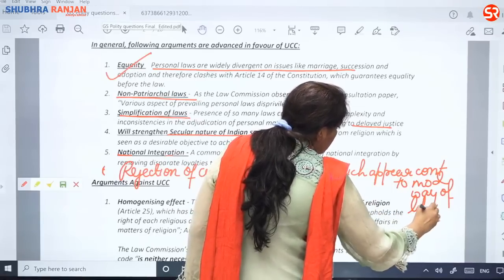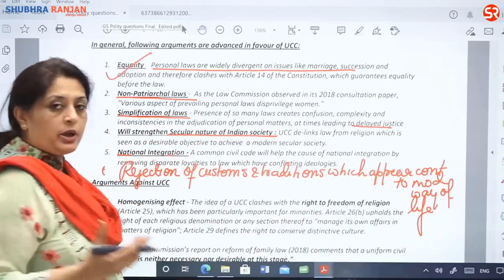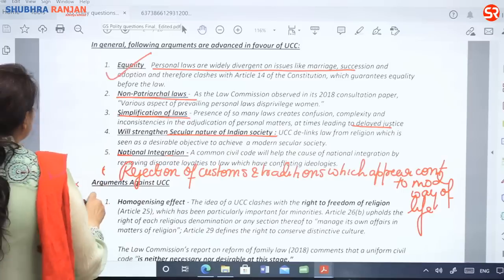Maybe once these customs and traditions were fine, but not at present. This is a good point.